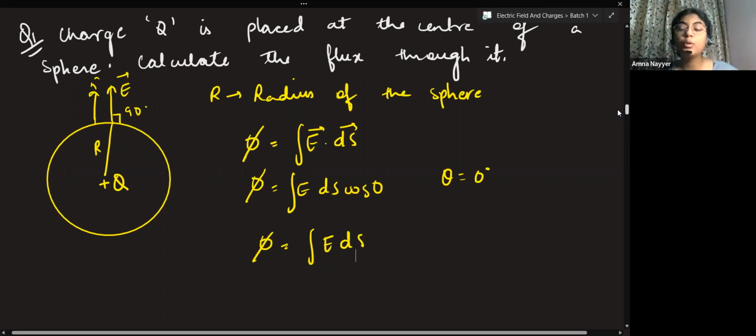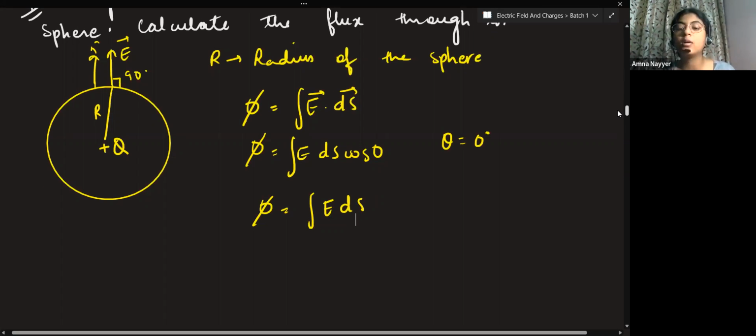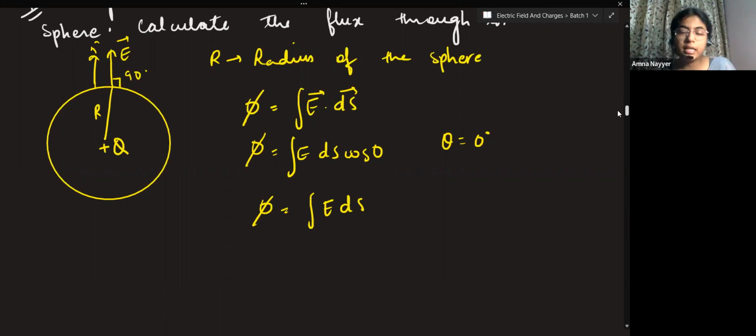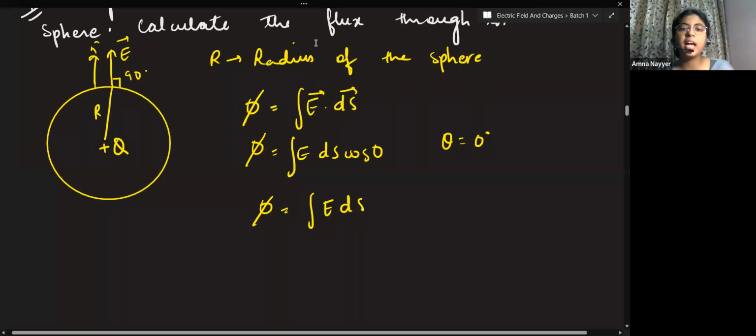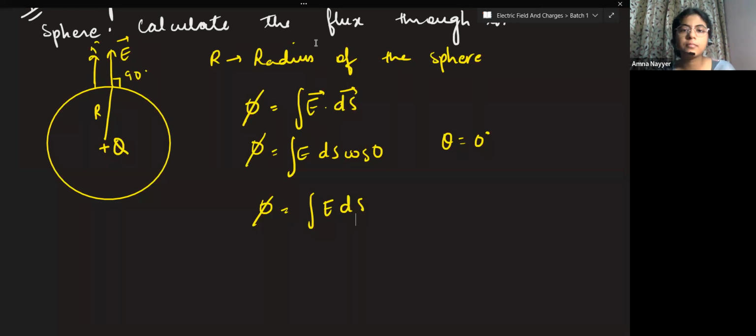Now, all of you write me in the chat box right now, what is the formula of electric field for a sphere? We have done it. The electric field's value for a point charge or a sphere is the same. The general formula of electric field.